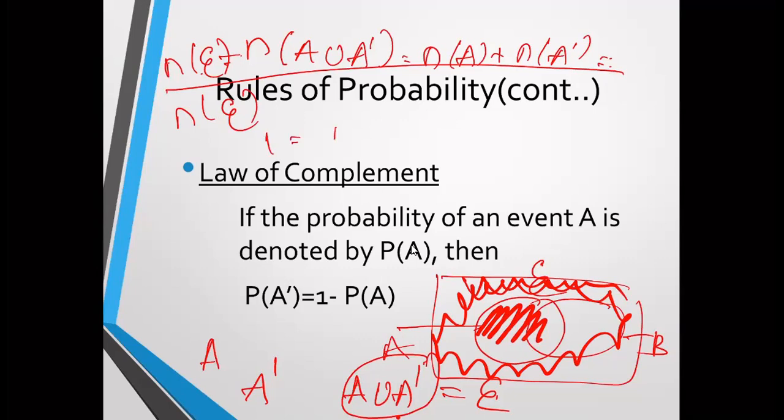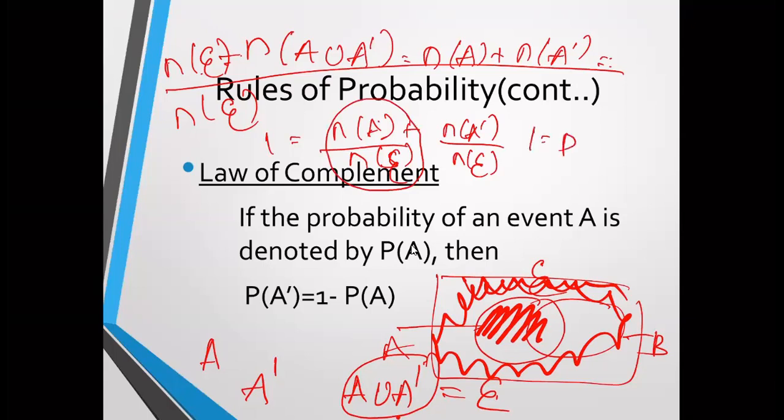Here we have N(A) plus N(A dash) divided by N(S). Now N(A) over N(S) is P(A), plus P(A dash).